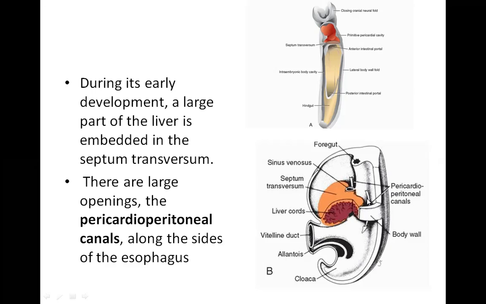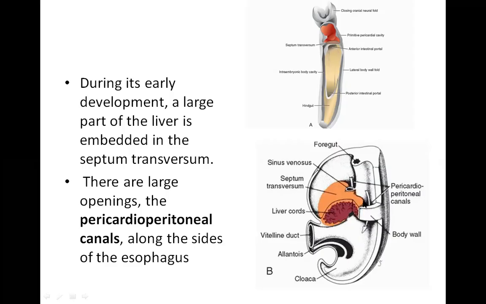Then there are large openings, the openings for the pericardio-peritoneal canals, on both sides of the esophagus. What is the esophagus formed from? The foregut. So on both sides of the foregut we have the pericardio-peritoneal canals.